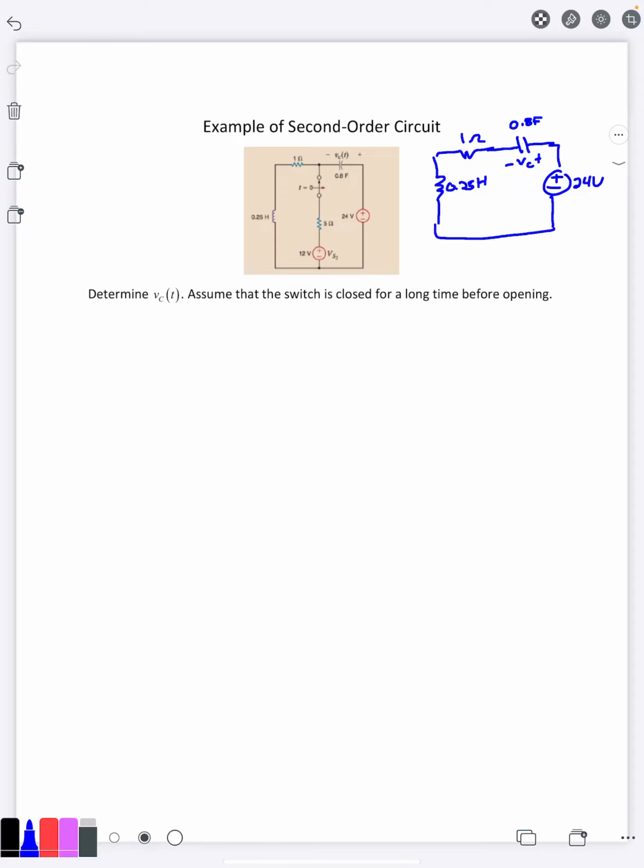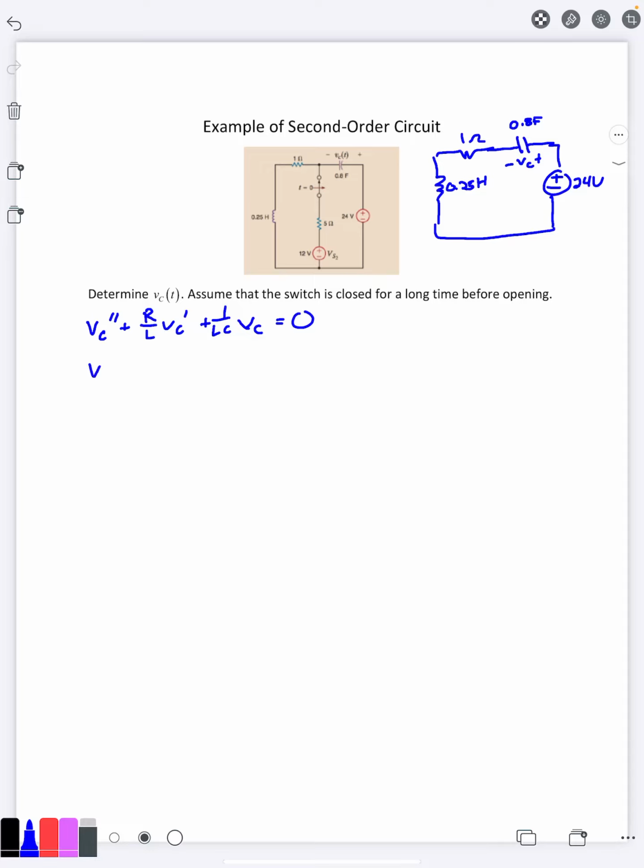And we know from the video about RLC series that we can have VC double prime, whatever variable we're looking for, plus R over L VC prime, plus 1 over LC VC equals 0. This is our standard homogeneous part of the differential equation for an RLC series.